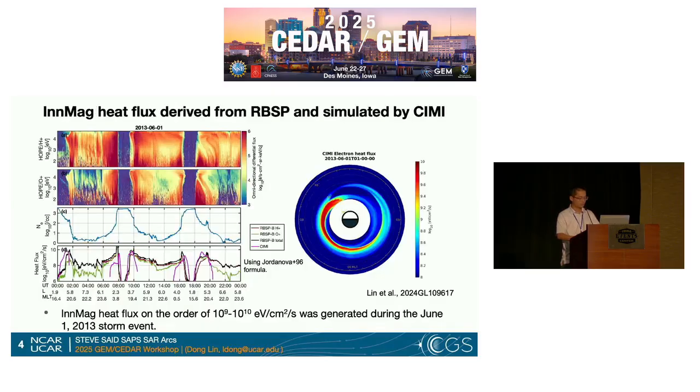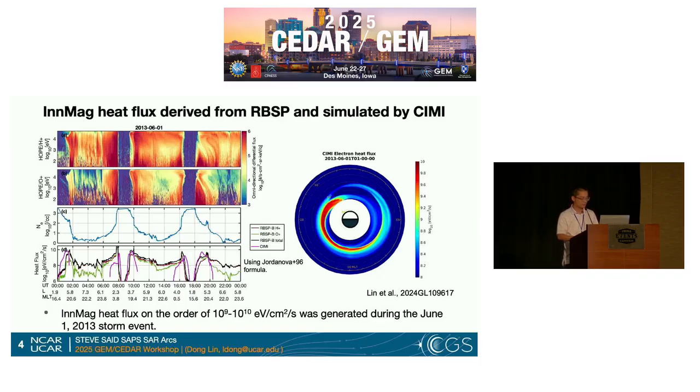So I want to share the first study we published last year. Basically, this is a controlled experiment to investigate how the two mechanisms I just mentioned, basically SAPS, subauroral convection, and the heat flux from the inner magnetosphere, would make a difference in the ionosphere. We chose an event on June 1st, 2013, and we derived the heat flux with the CIMI model, the Comprehensive Inner Magnetosphere-Ionosphere model.